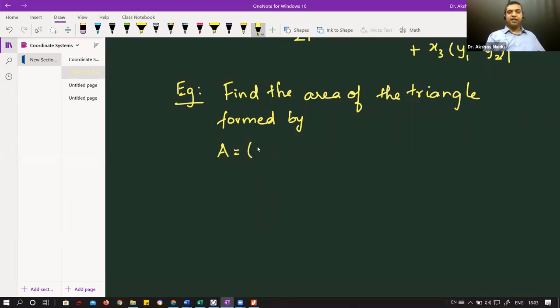Let's say A is (3, 0), B is (-1, 5), and C is (6, 7).